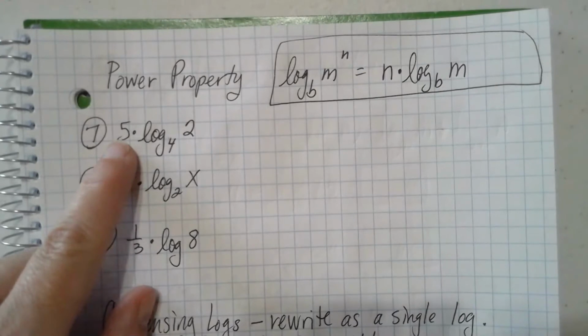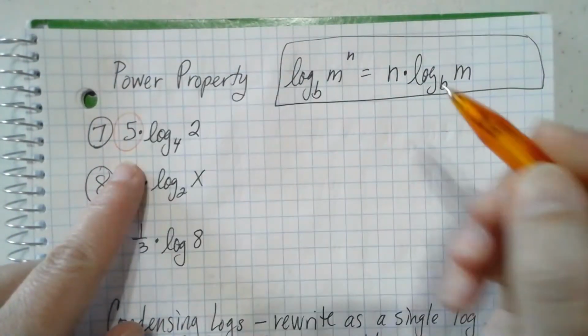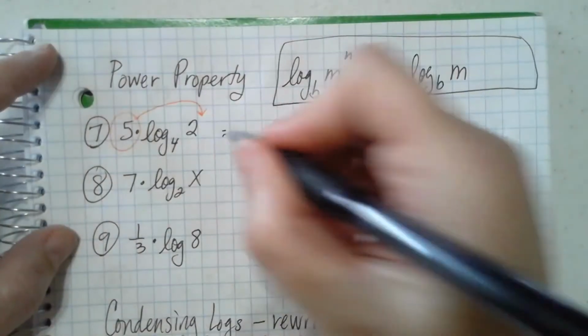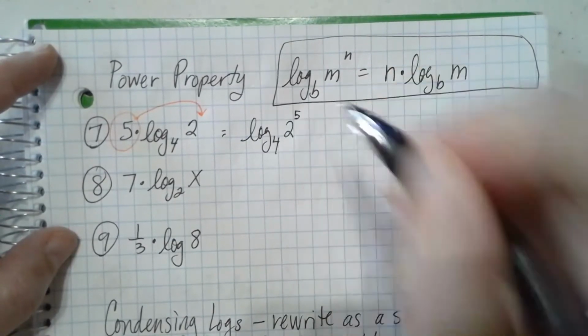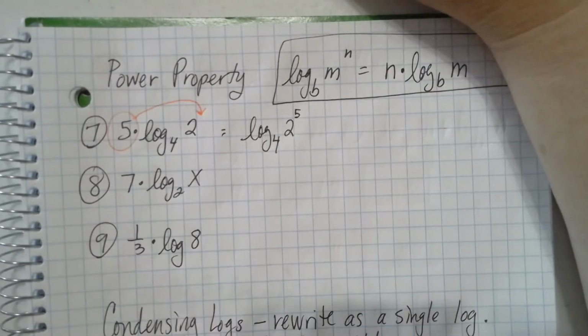All right, so we have 5 times the log base 4 of 2. So this 5 out in the front is going to come over here as an exponent on the 2, and it will look like this: log base 4 of 2 to the 5th power. So do we want to leave it like that? Probably not.